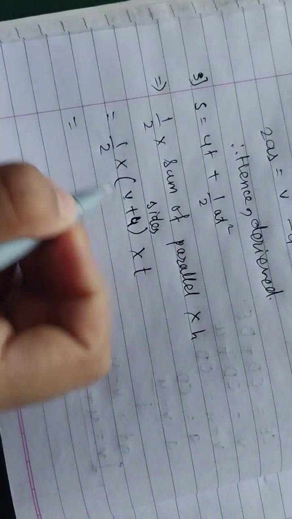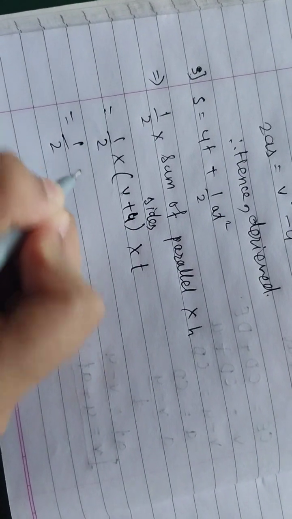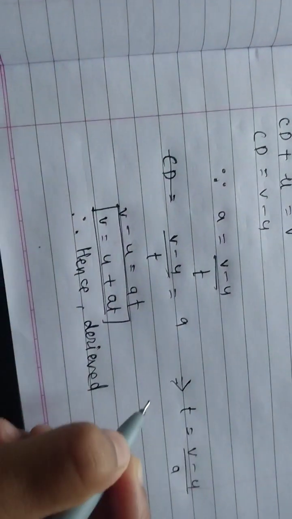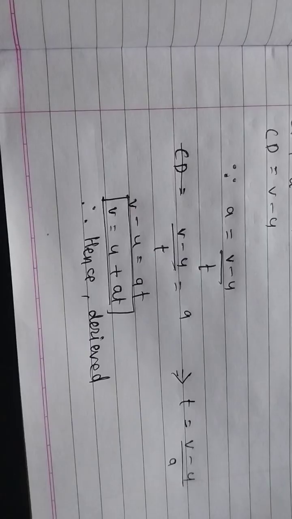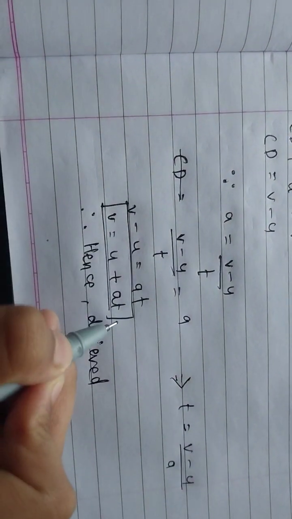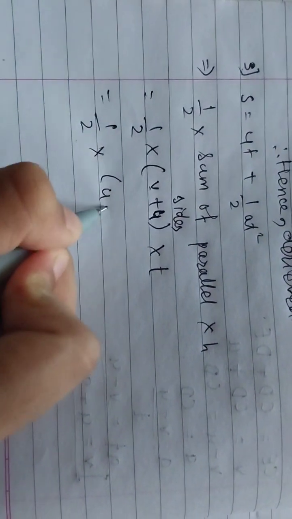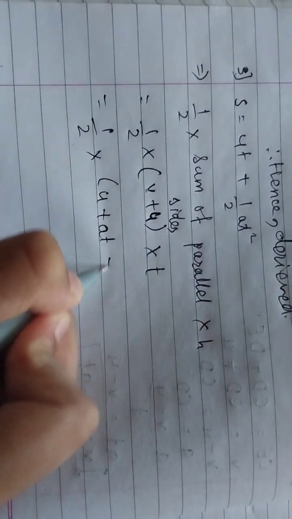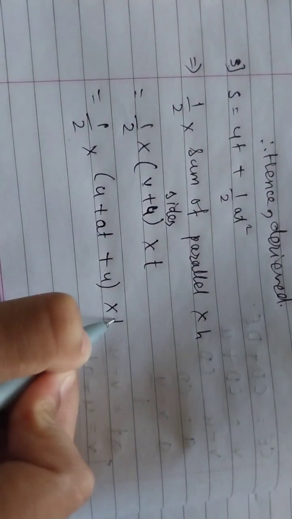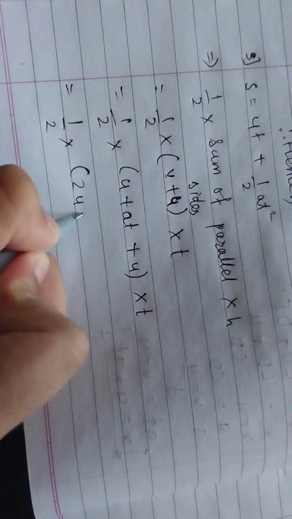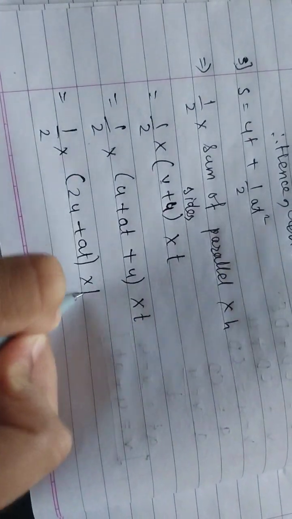We will substitute the value of v: v is u plus at. So it is half into u plus at plus u into t, half into 2u plus at into t.